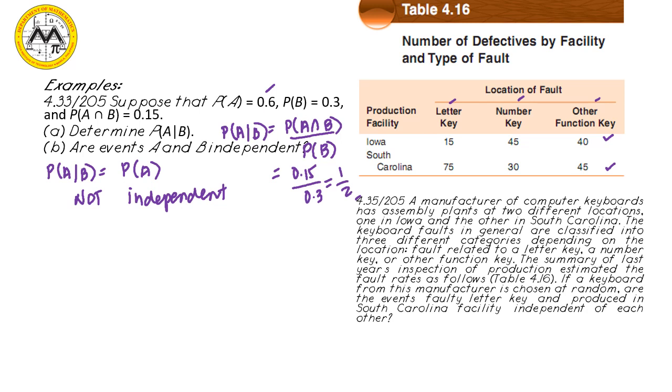So the summary of the last year's inspection of production estimated the fault rates as follows.